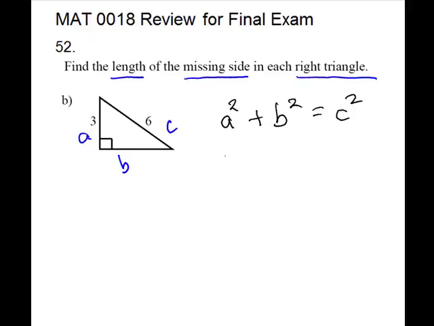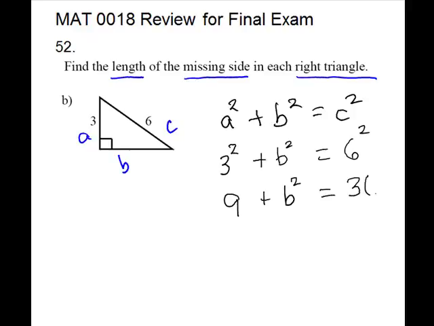So we called A 3, and we have to square it. B we did not know. And C we know. So we'll work out all the math we can. So 3 squared is 3 times 3 is 9. And 6 squared is 6 times 6 is 36.